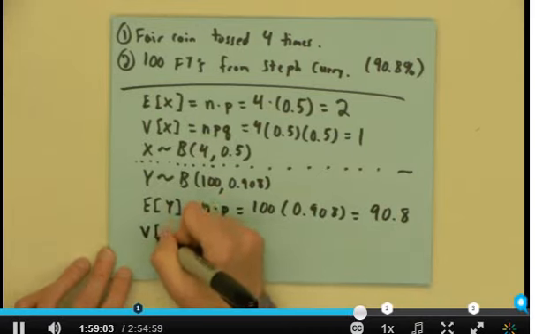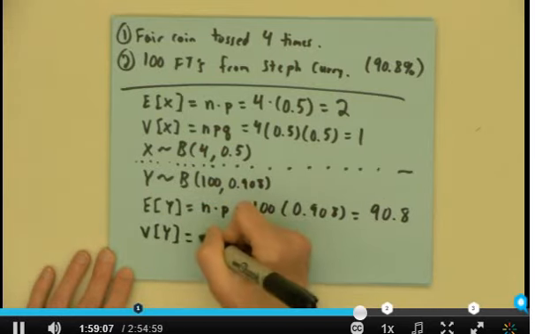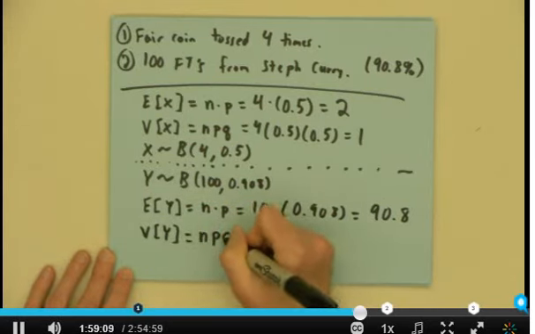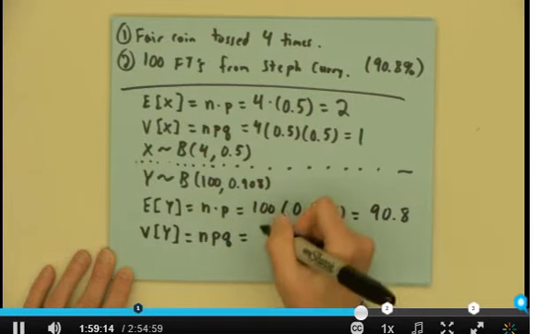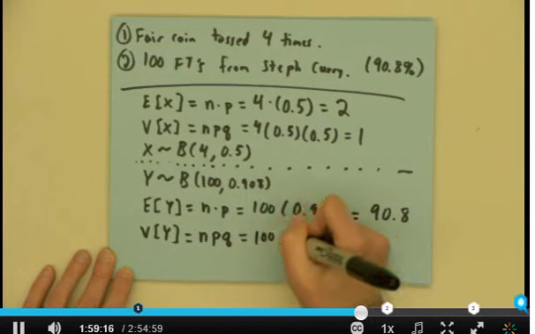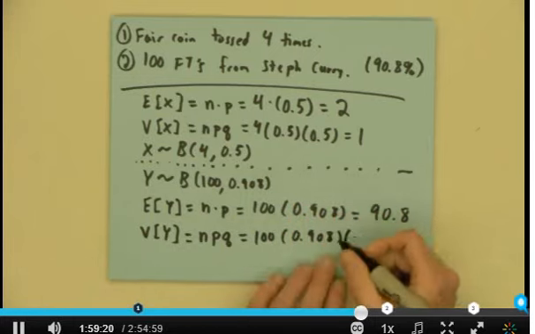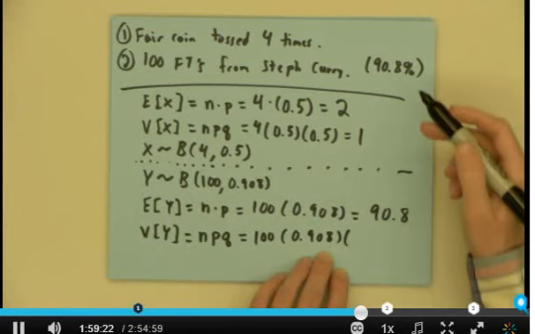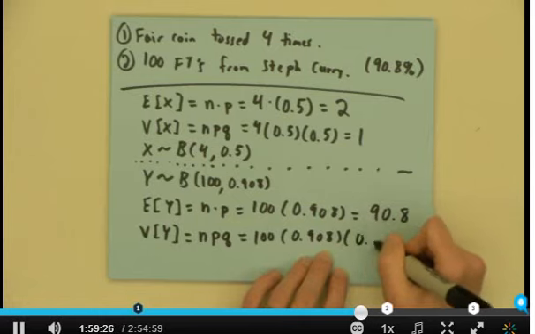What about the variance? Well, that's N times P times Q. So it's 100 times 0.908 times, so let's do this. If he hits 90.8%, then he misses 9.2%.